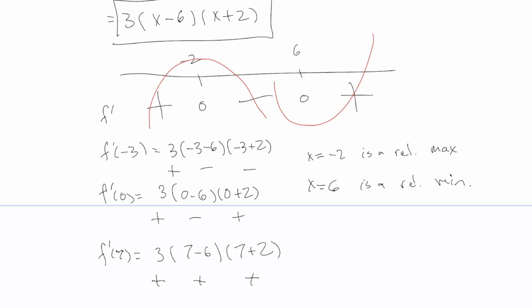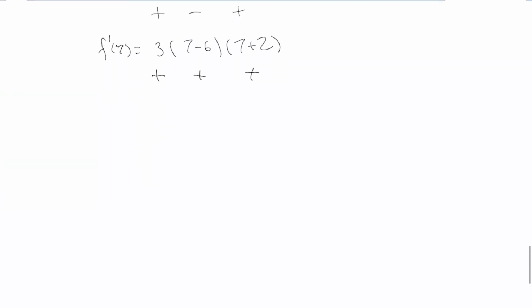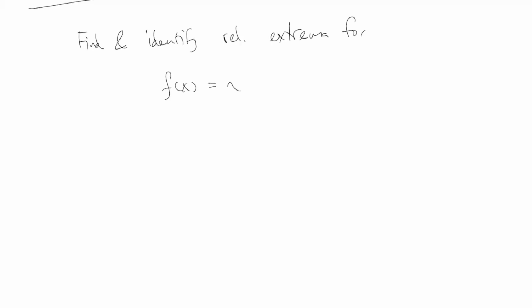The one that we just went through would fall under the category of easy one because it's a polynomial. Let's just try one that is harder because it's not a polynomial. So let's do the same thing, find and identify the relative extrema for this here, x squared e to the x minus 3.